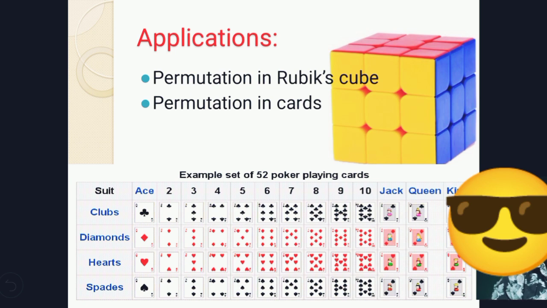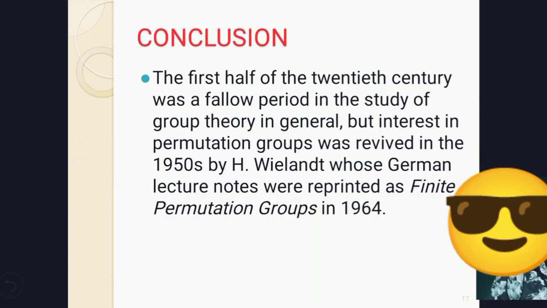And permutation in cards is the second application. A pack of cards contains 52 cards, and each card has 51 permutations. Therefore, for a total of 52 cards we get 8.06 into 10 to the power of 67 permutations.